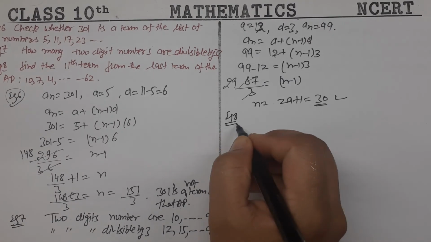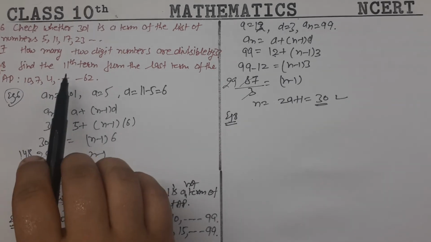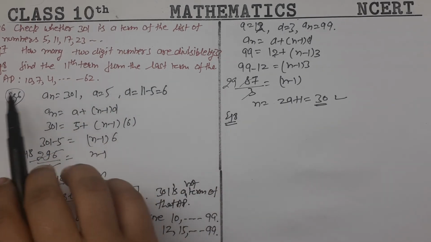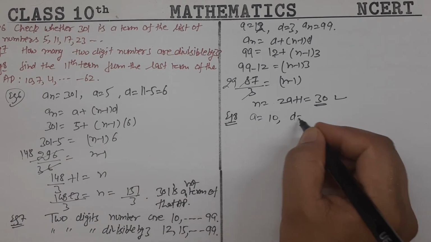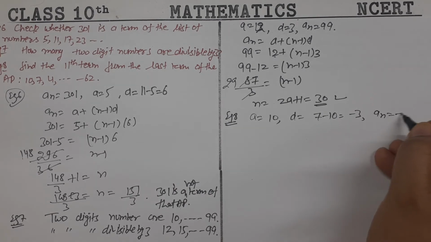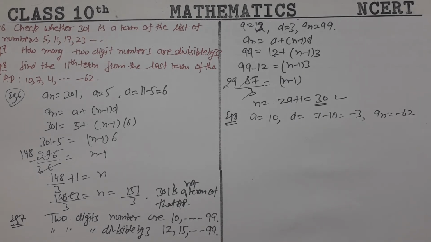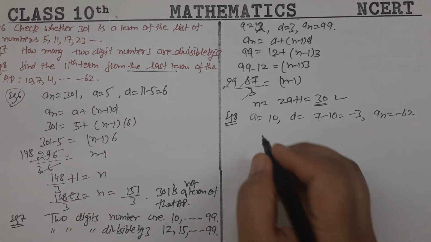Next, example number 8. Find the 11th term from the last of the AP. Here A is 10, D is 7 minus 10, minus 3, AN is minus 62. 11th term from the last.